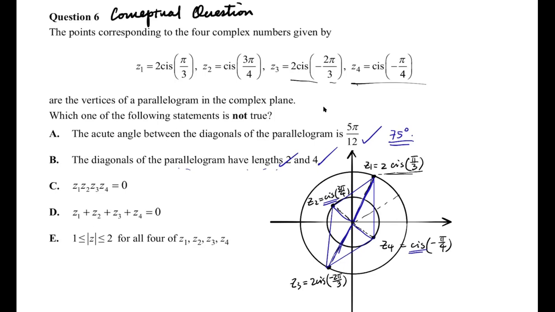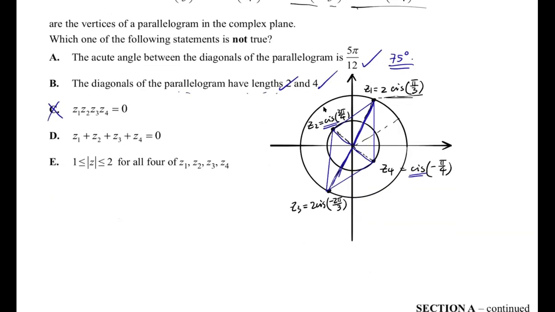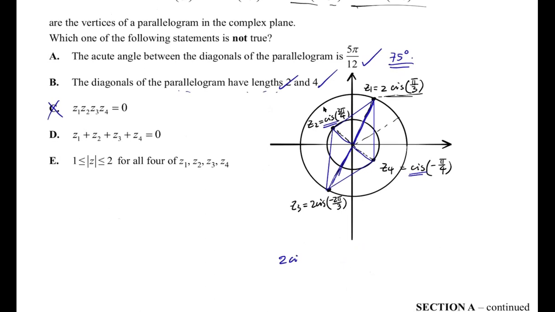How about option C? No, it's not correct. If you are multiplying them together, you should get 2cis pi on 3 times cis 3 pi on 4 times 2cis minus 2 pi on 3 times cis minus pi on 4.